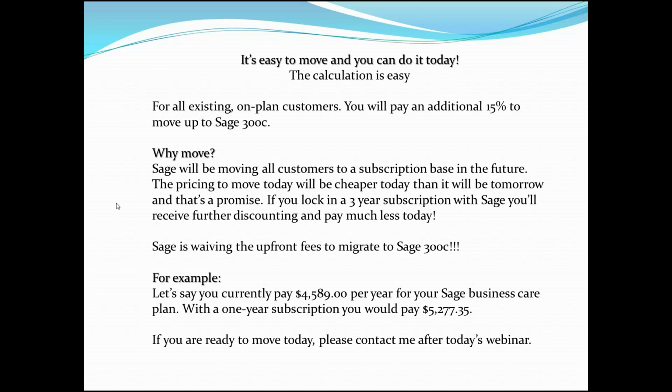So it's just a 15% increase over the plan that you currently have paid for. That also is for a one-year subscription. So you would be given a new set of licensing, and then install Sage 300C with a subscription end date that would need to be renewed and updated each year.